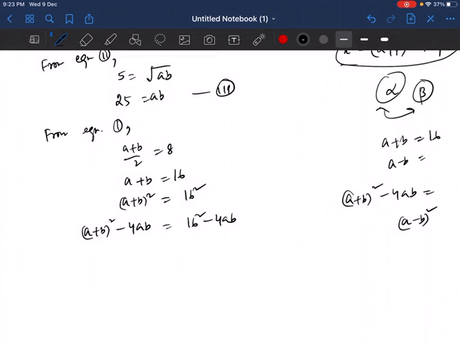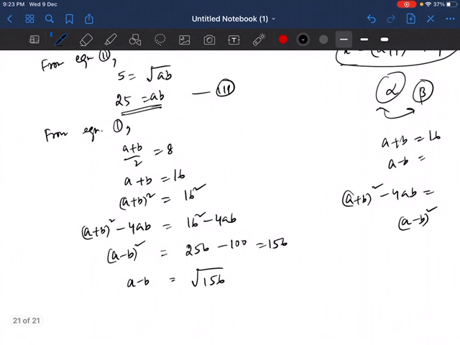So a plus b whole square minus 4ab is a minus b whole square, and 16 square is 256, and 4ab, ab value is 25, so 4ab is 100, 4 into 25 is 100. So that is coming out to be 156. So a minus b is equal to square root of 156. This is what we are getting.